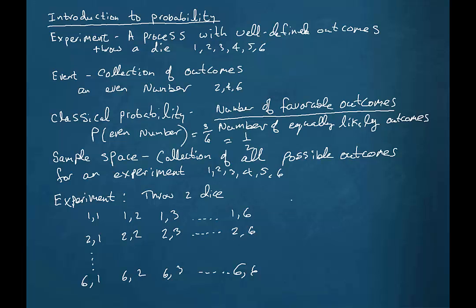Then we could find the probability of some events. Like for instance, we might find the probability that we would throw a sum of 7. So what we would want to do then is list out all of the outcomes in this event.